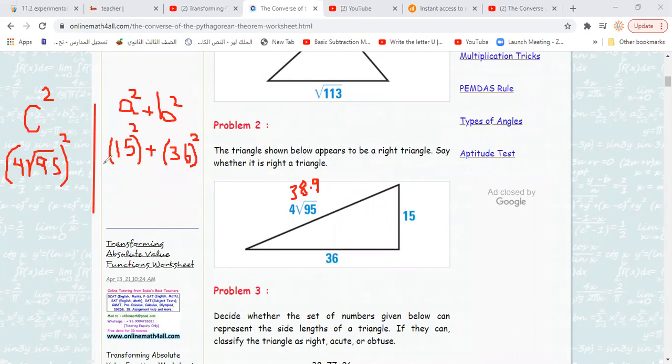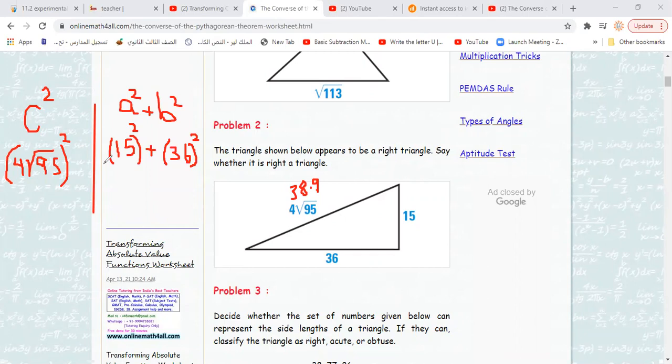Then we will calculate now. The first one, 4 square root 95. It will be how many? 4 square root 95 is 380. Agree with her?